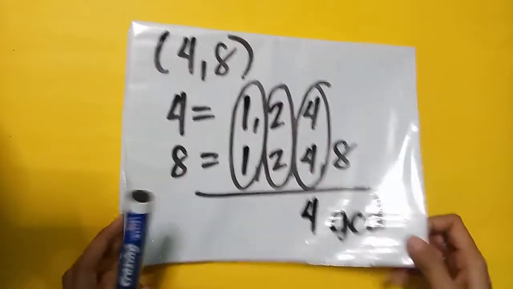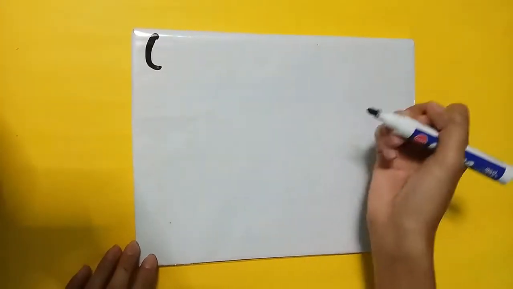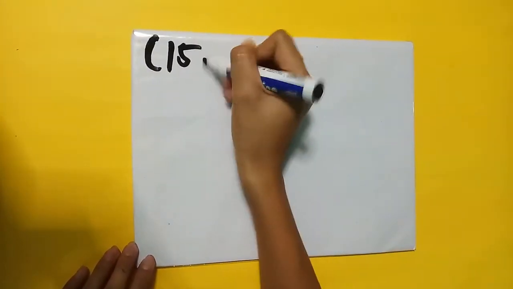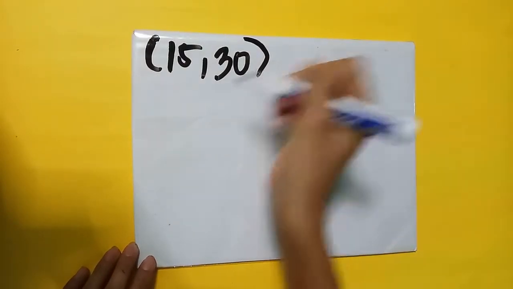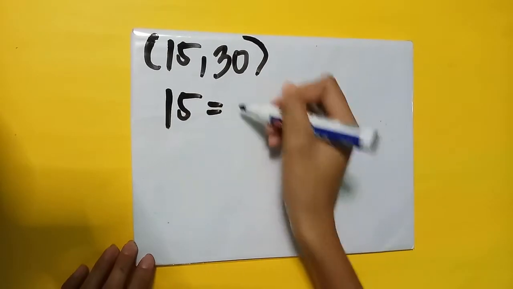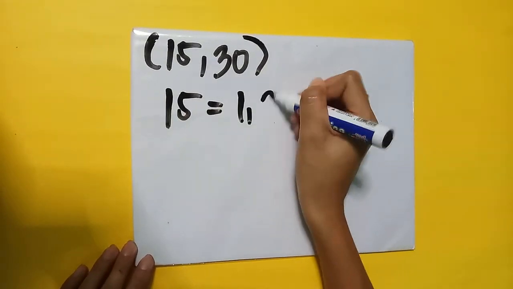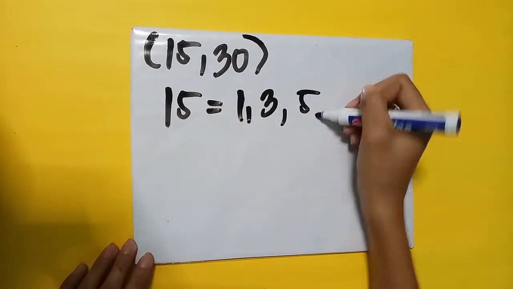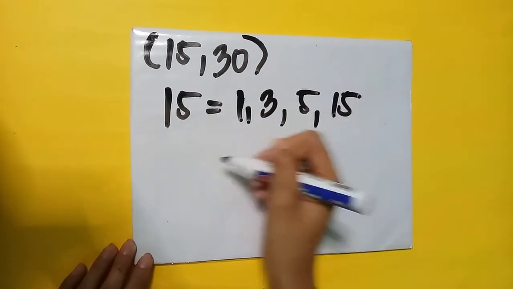Another example. Let's say we have the numbers 15 and 30. Let's list the factors of 15, which are 1, 3, 5, and 15.